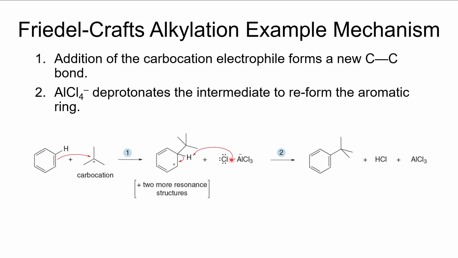We'll take both of the electrons, just like what we did with the iron chloride a little bit ago. We'll take both of those electrons and go to the hydrogen, break this carbon-hydrogen bond, and then reform our aromatic ring. We'll get HCl in the process and aluminum chloride. So technically, aluminum chloride here is a catalyst.